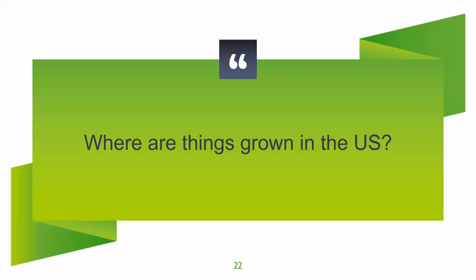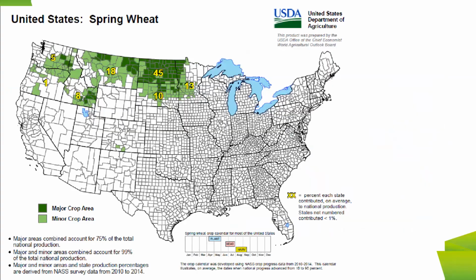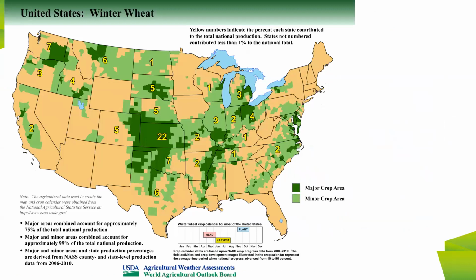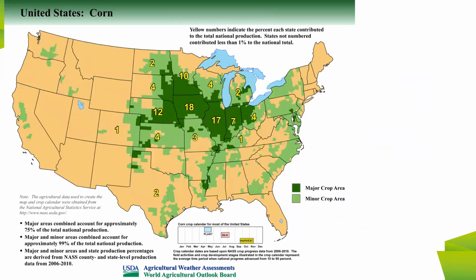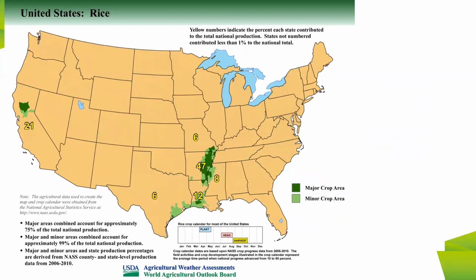So we could look a little bit more closely at what kinds of things are grown in the United States. And we did some activities in class about this, testing your knowledge. So you've got spring wheat in this area, winter wheat in these regions, corn mainly grown there in the Midwest, where rice in the United States would mainly be grown.